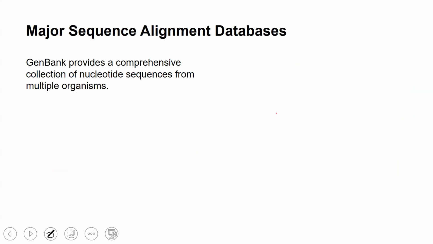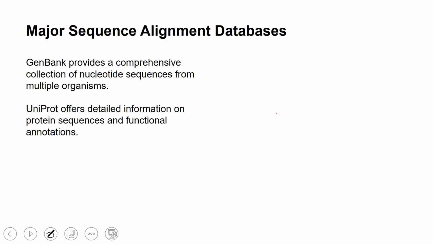So what are the major alignment databases? First we have GenBank. GenBank provides a comprehensive collection of nucleotide sequences from multiple organisms. So if you want a nucleotide sequence for multiple organisms, you go to GenBank. And if you need information about protein sequences and functional annotation, then we go to UniProt.